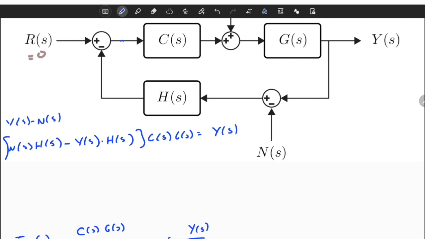So if I find the transfer function, this is n of s times c of s, g of s, h of s. That's great. It's equal to y of s times 1 plus c times h times g of s, of course.